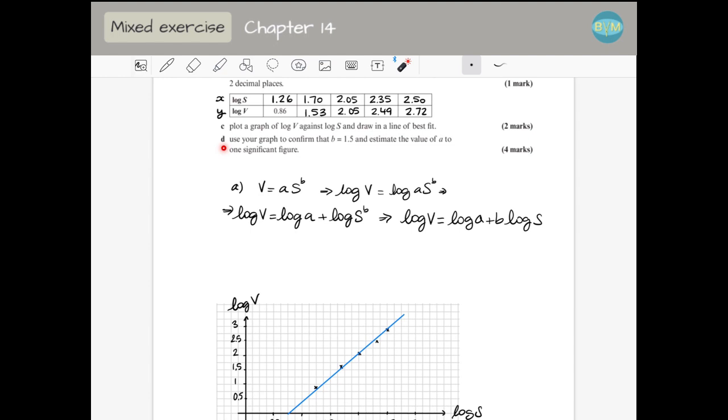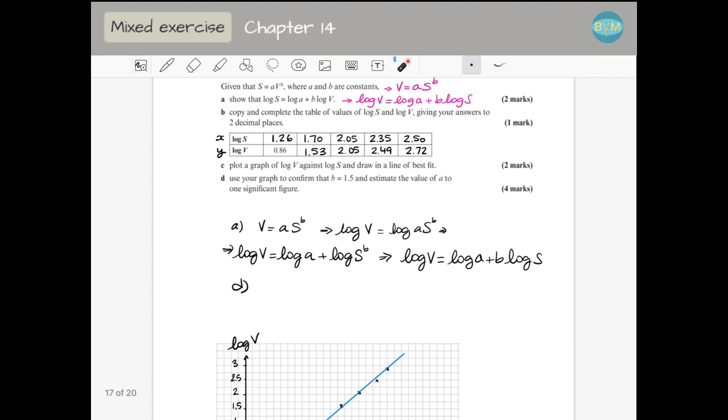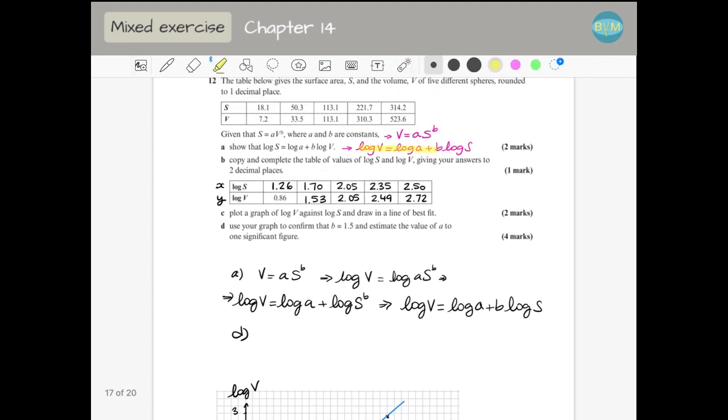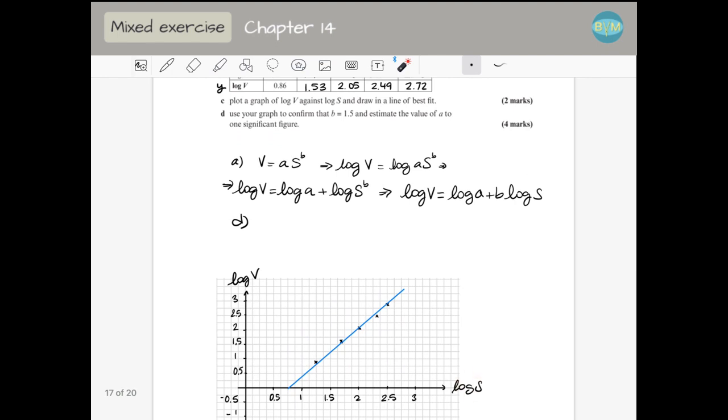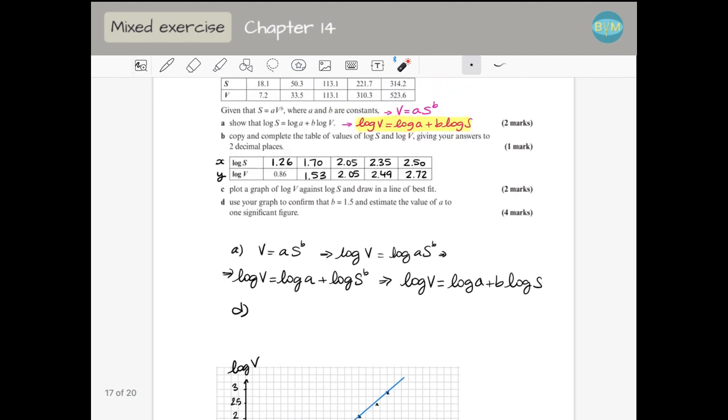And then part D: use your graph to confirm that B is 1.5 and estimate the value of A. So how do we do that? If we look at this expression here, this is a straight line. Log V is what I have in the Y, log S is what I have in the X, and then I have another constant and another constant.